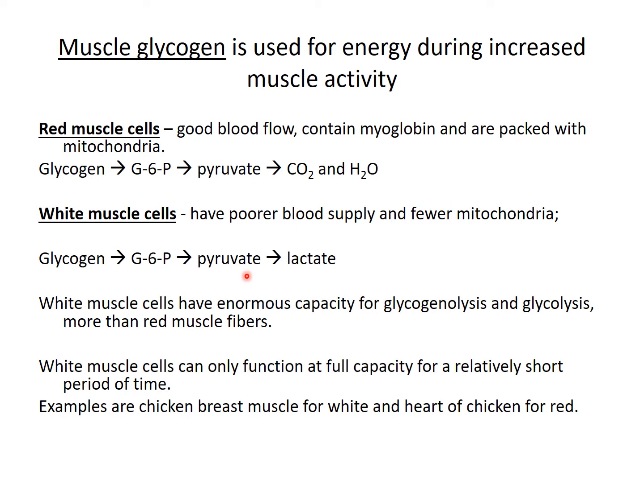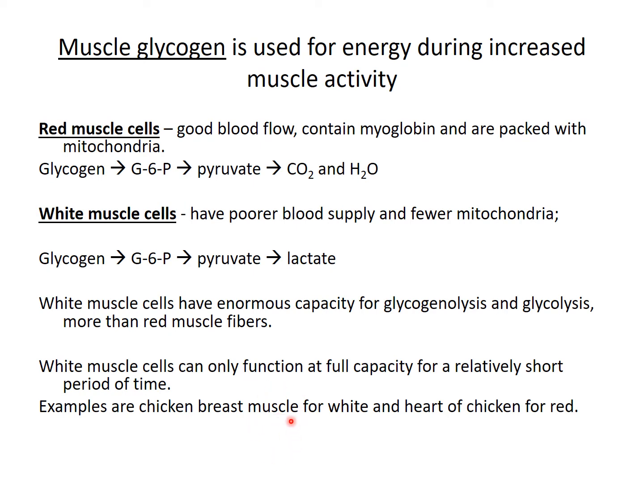So for comparison, chicken breast muscle is white and the heart muscle is red. So chicken cannot fly because the white muscle doesn't have enough energy for a long flight.